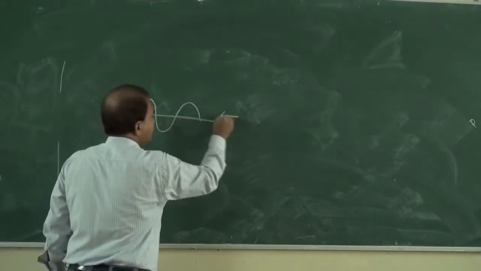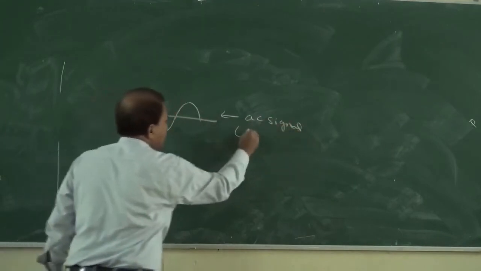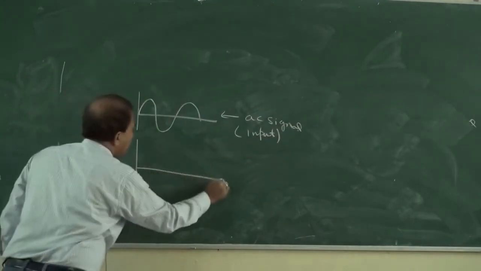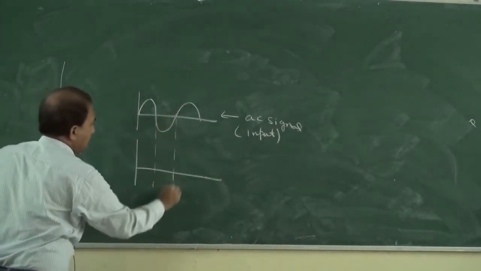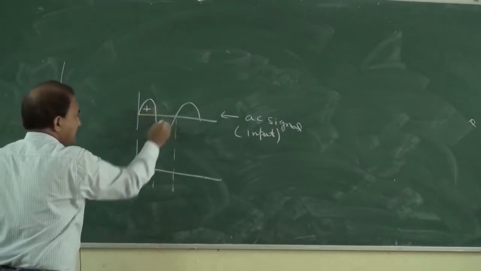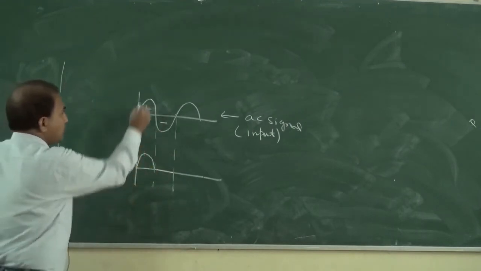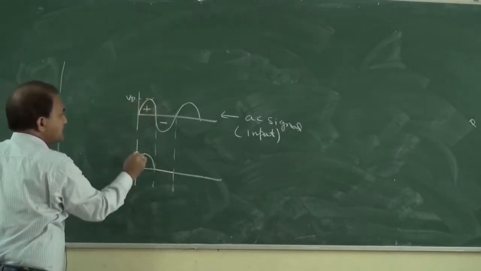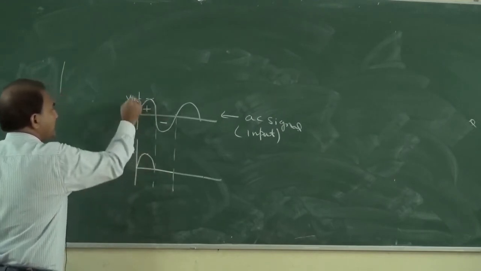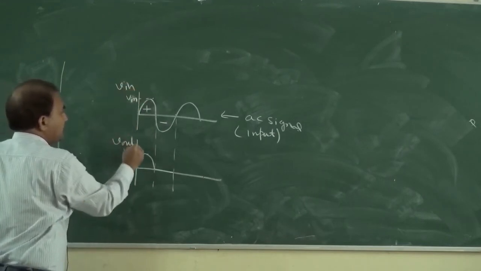This is the AC signal at the input side, and in the output, suppose for the positive half cycle the diode conducts, and for the negative half cycle the diode does not conduct. So this is the output and this is V peak, or Vm. You can write Vm or V peak. This is V in and this is V out.